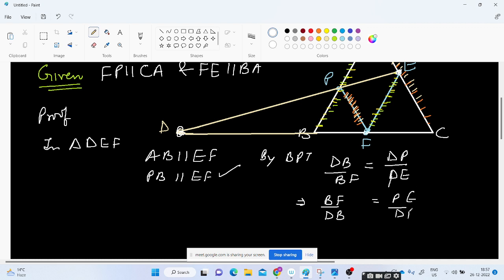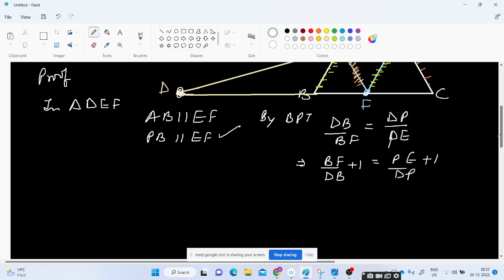Okay, take the reciprocal. So what are you getting? BF plus DB upon DB is equal to PE plus DP upon DP. So what did you get by adding both, beta?